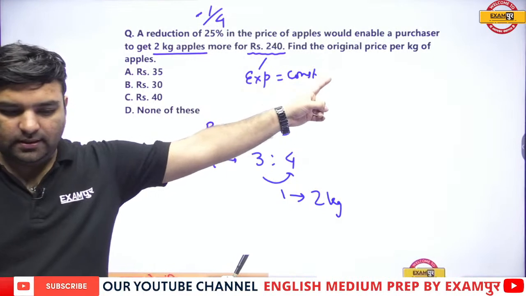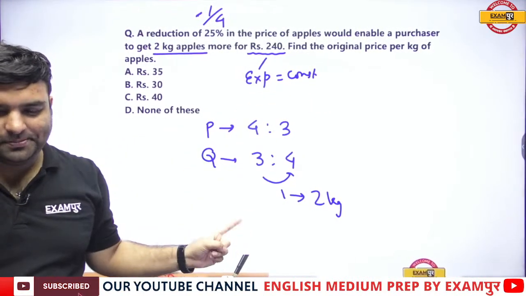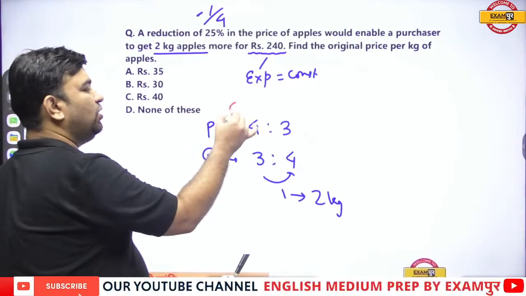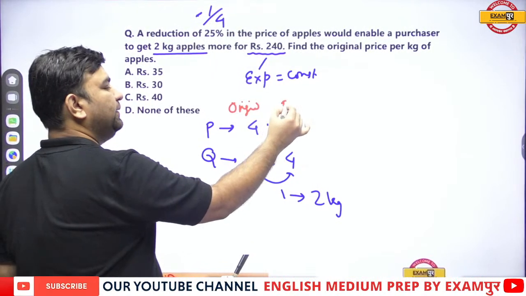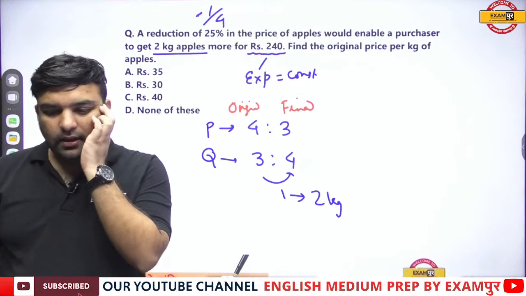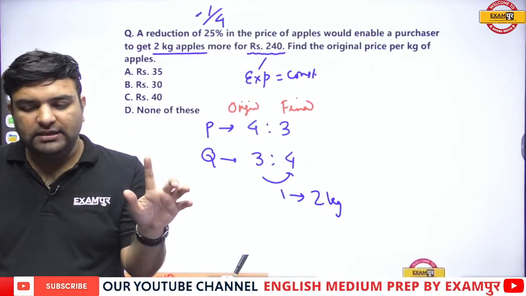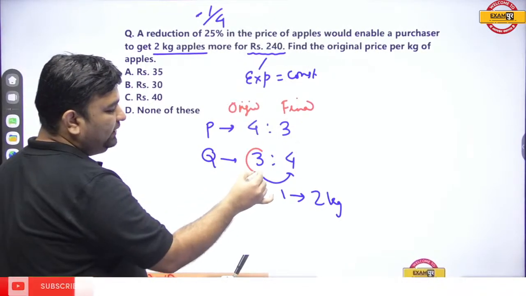If they are asking the original price, we will find out the original consumption, or original quantity. Getting my point? What is the original quantity? 3.